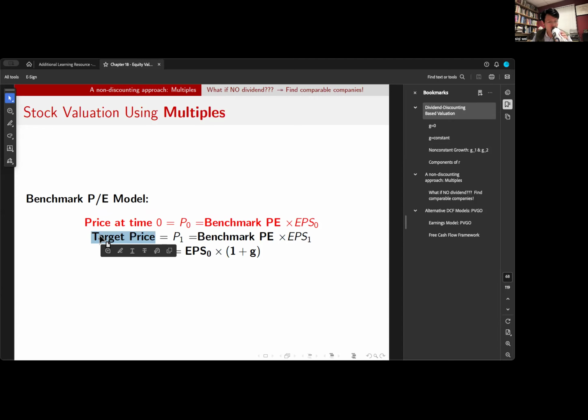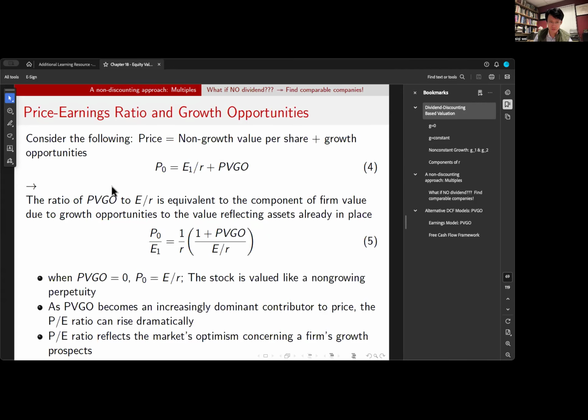Now, a major disadvantage of this approach is the fact that the selection of benchmarks could be biased. All right, it's subjective. Whenever you pick up different companies, you always have different numbers. And the other thing is that there might be inconsistency between this approach and the cash flow based approach.